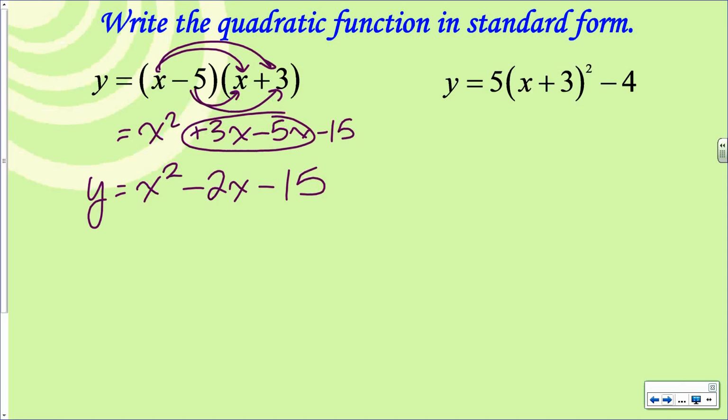Now we're only going to do this in standard form just right now. Okay? Only when they ask us. You don't have to distribute it out because we don't know how to graph them distributed out yet. That was what chapter 1 was. So.